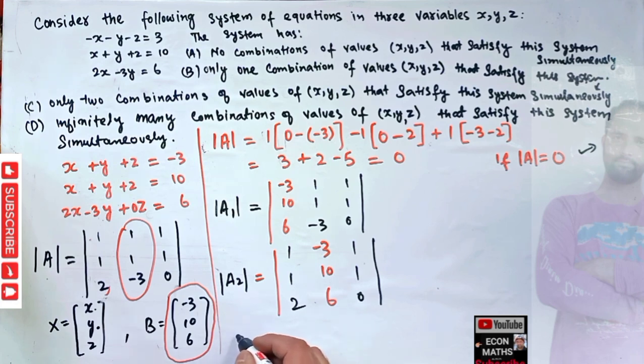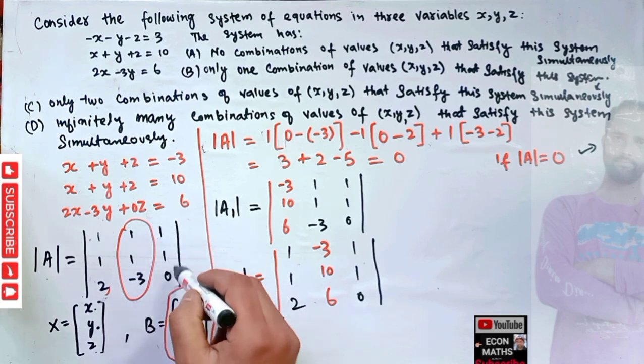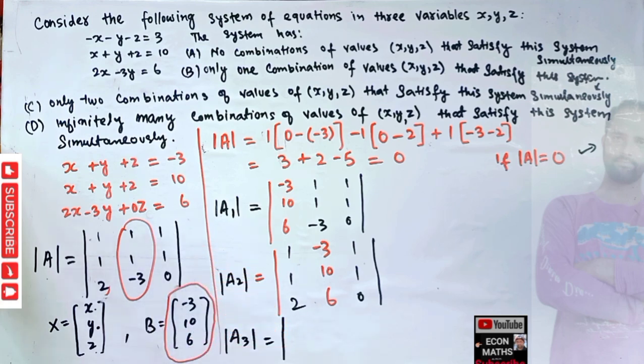Similarly, to find the value of z, we form a new matrix a3 in such a way that we replace the third column with the vector of constant terms. So our new matrix will be 1 1 2, 1 1 -3. In place of this 1 1 0 we write -3 10 6.